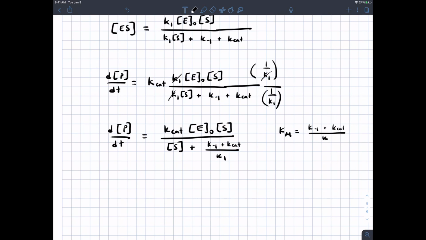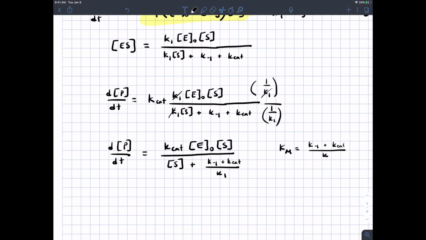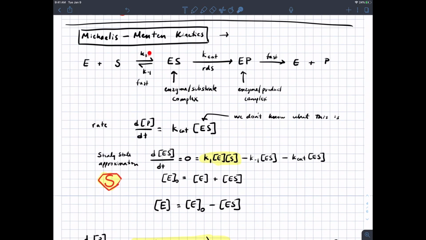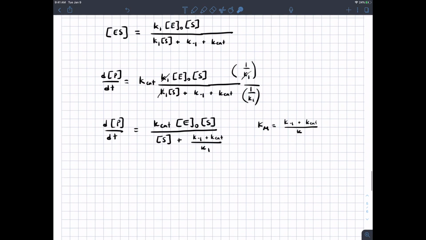Understand, though, that if you look at our initial rate expression, K1 is multiplied by concentrations of two different molecules. So K1 has to have units of per molar per second.